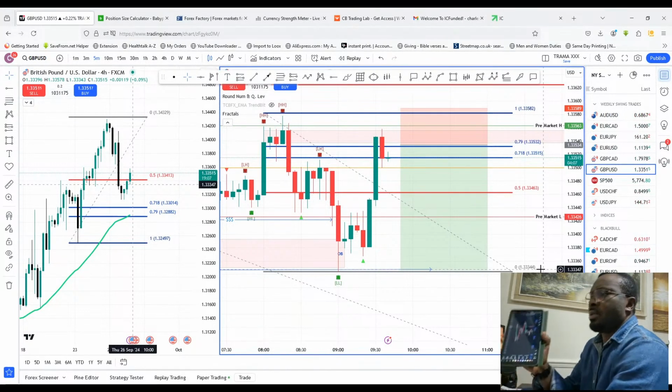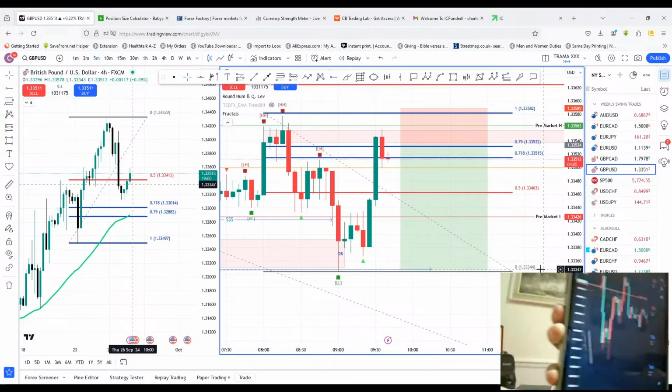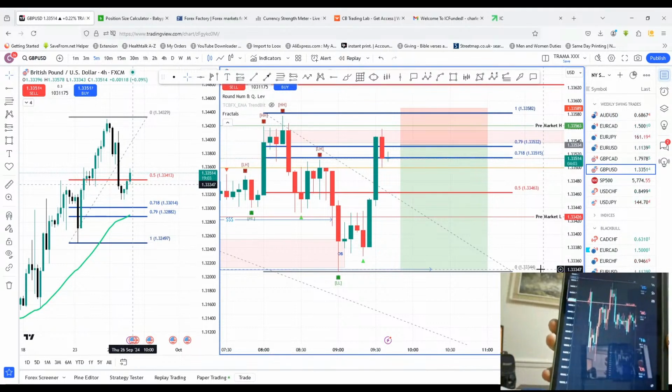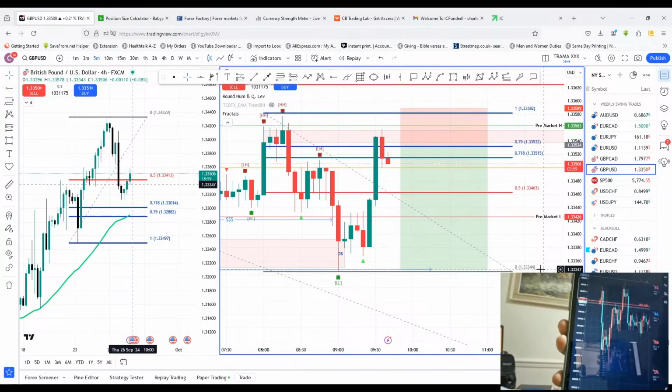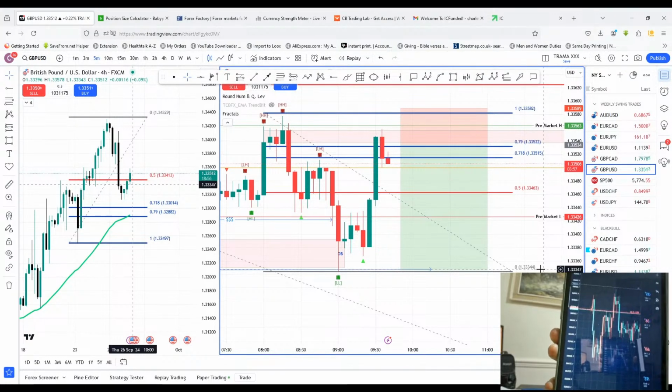All right, that's my entry. So you can see I got two entries right there. Sell, sell. And my stop loss is over there.